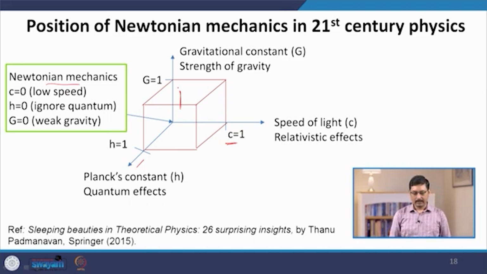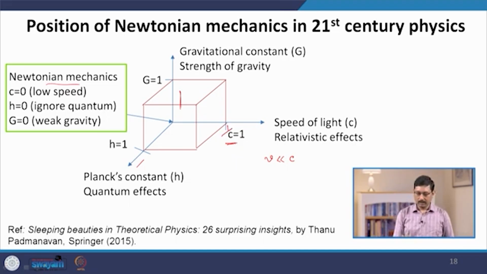What do I mean by that? In some unit you can choose all of them to be, let us say, 1. So, if c is 0, this means that the speed of the system that we are studying is very small compared to, I am sorry, this should be 1 by c.